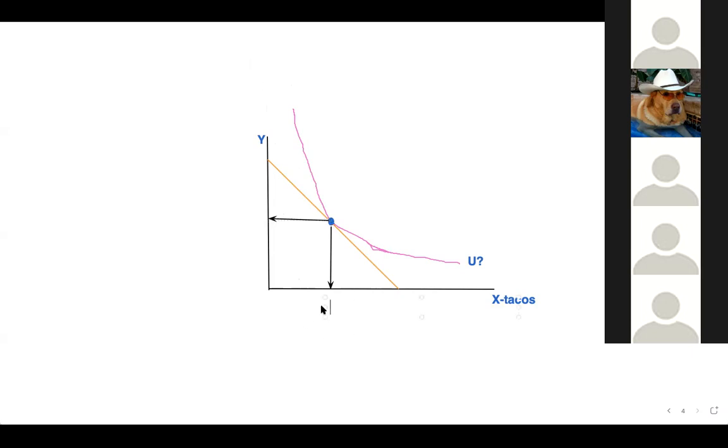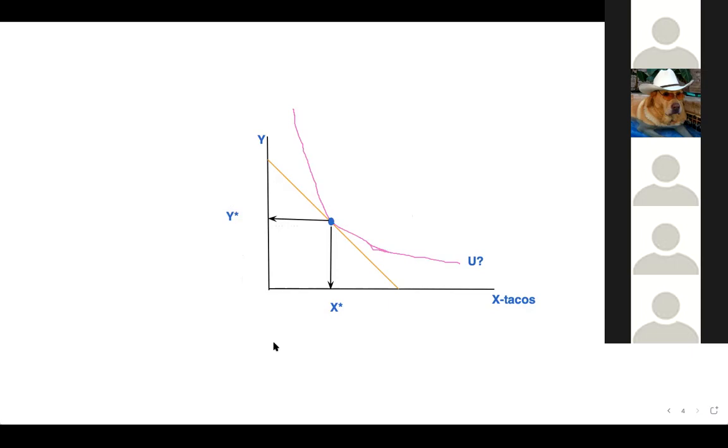And that's going to be our X star and our Y star. And X star and Y star, once they're determined, kind of like Q star and P star from our equilibrium problems, that's going to be the consumer's optimal consumption bundle. It's going to represent the amount of X and Y.